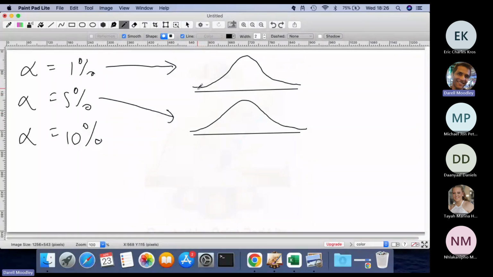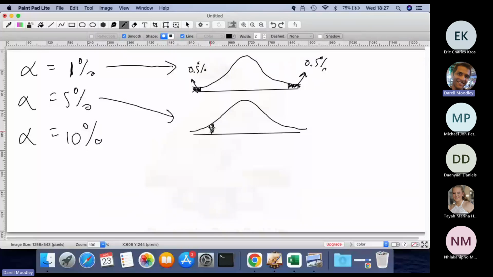So 1% is much smaller than 5%. If we split this 1% into 2, that becomes 0.5% here. Remember, we're splitting in half, so it's 0.5%, and then here, it's also 0.5%. And then in this case, now it's 5%, so in other words, it's slightly bigger.